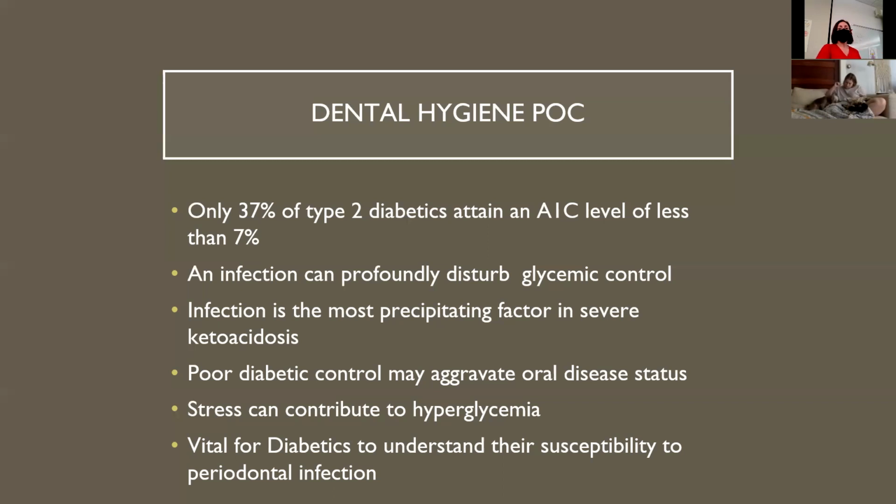Infection is the most common precipitating factor for severe ketoacidosis in the patient with poorly controlled diabetes. Phagocytic function is impaired, so whatever breaks down the invaders is not working well.